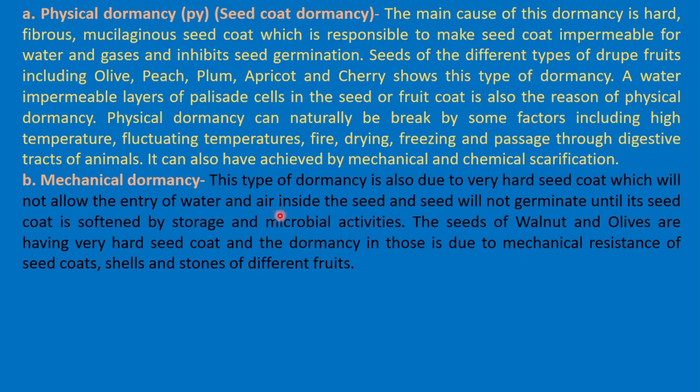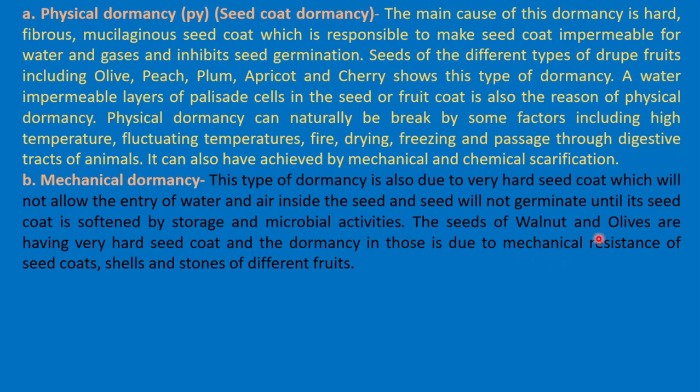It is again associated with the seed coat, because when such a hard seed coat is present, the entry of water and air inside the seed or up to the embryo is inhibited and such seeds will fail to germinate. Such seeds can only germinate when their seed coat gets softened by storage and microbial activity.